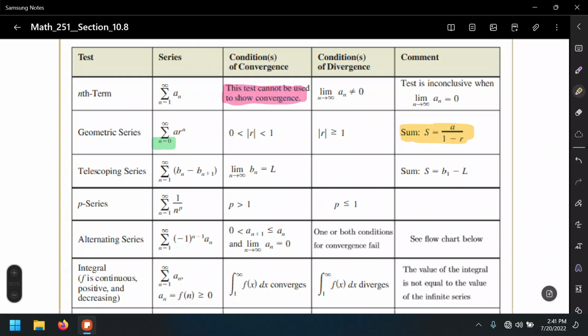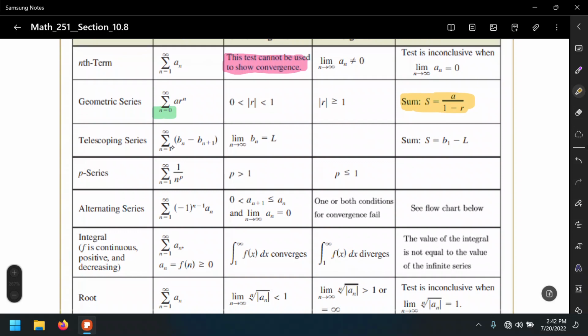Recall that there are only 2 out of the 10 tests which we can use to compute the infinite sum. And yes, you would expect to see one of each: one for which you will use the telescoping, and another for which you will use the geometric series with the corresponding shifting. So be aware of that. All right.